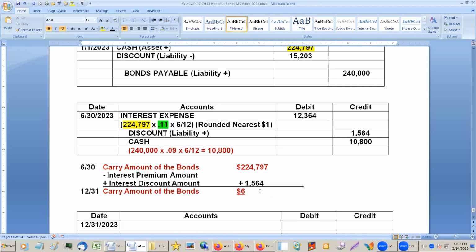And that'll give us whatever this is. 226,361. Okay, I think that's what it is. You want to check that number?